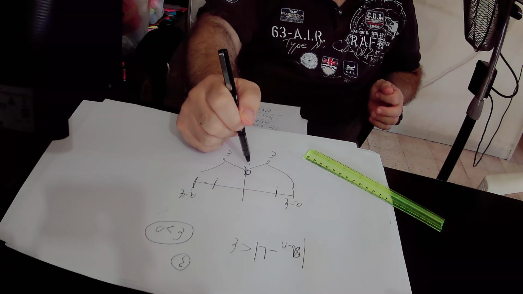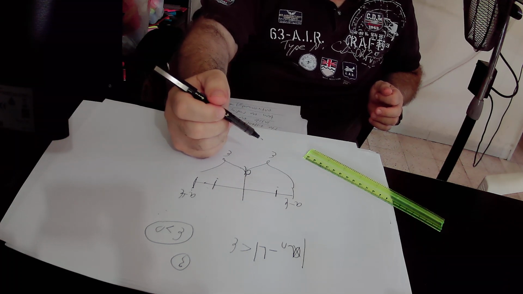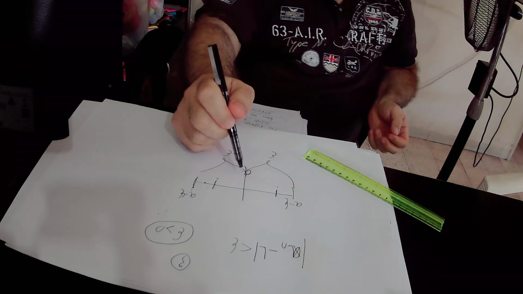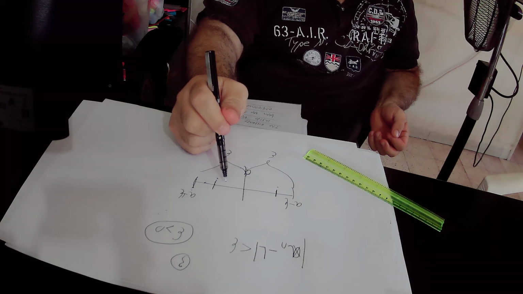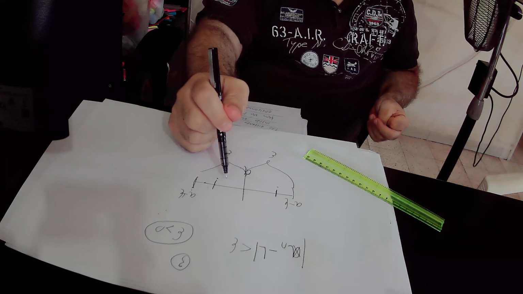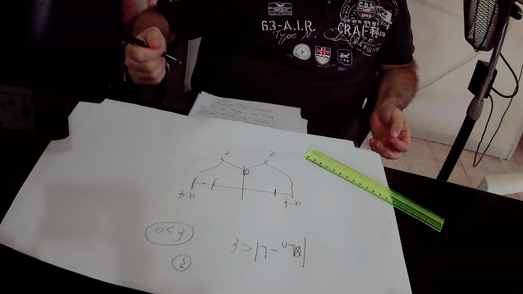Because epsilon itself is the radius of the environment. That is the limit of the sequence.